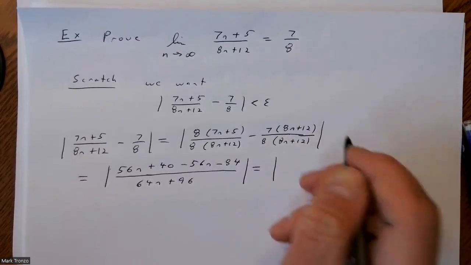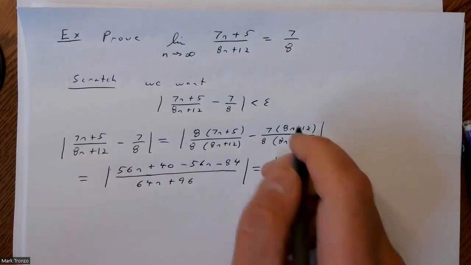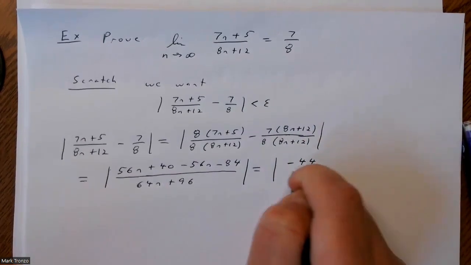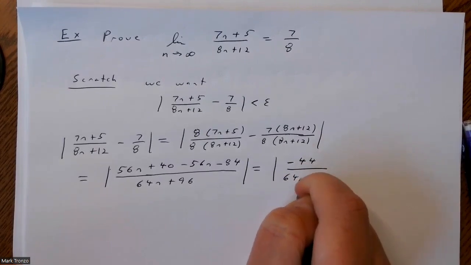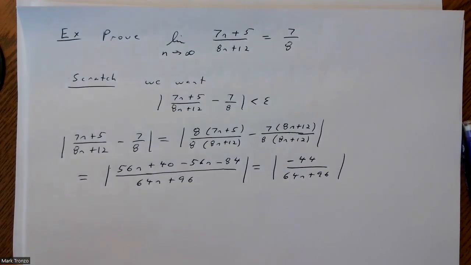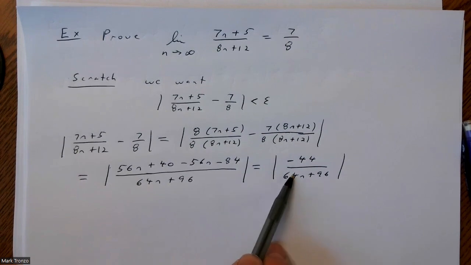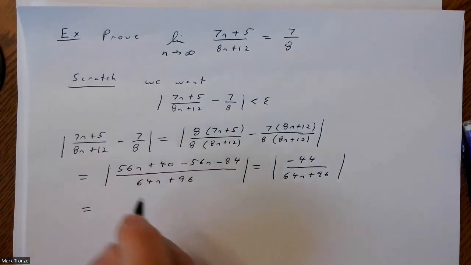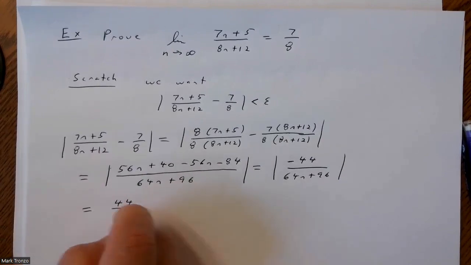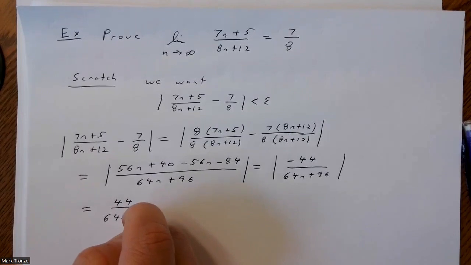All we have left in the numerator is minus 44. So this is positive, and this is positive. If we apply the absolute value, we can just make that a positive 44. That should be 44 over 64n plus 96.